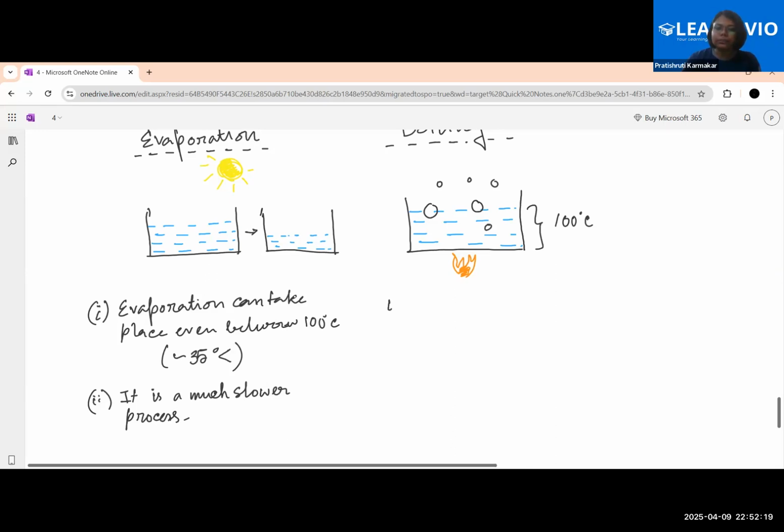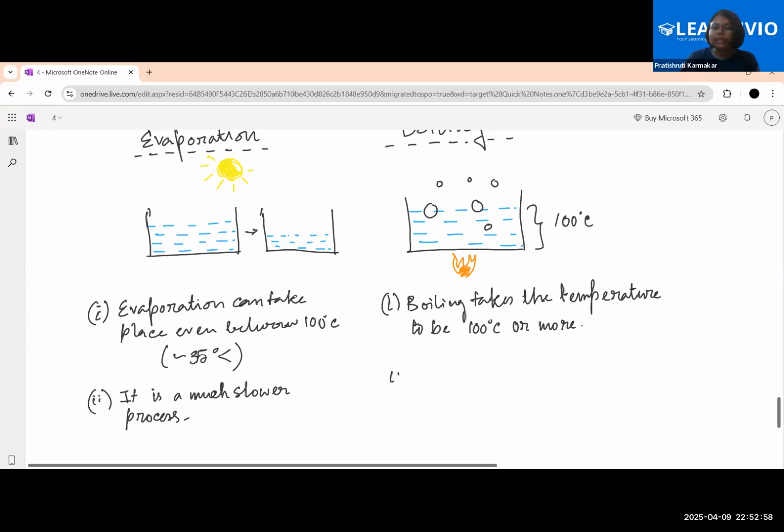And boiling takes the temperature to be 100 degrees centigrade or more. So for boiling, it has to reach the boiling point. But for evaporation, it's not necessary to reach the boiling point.